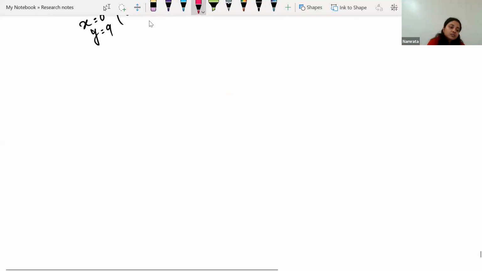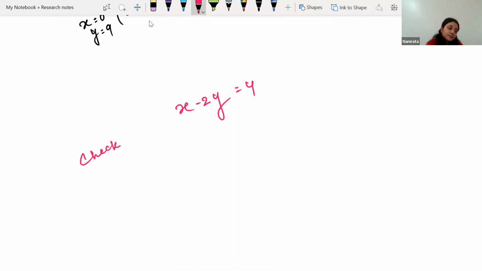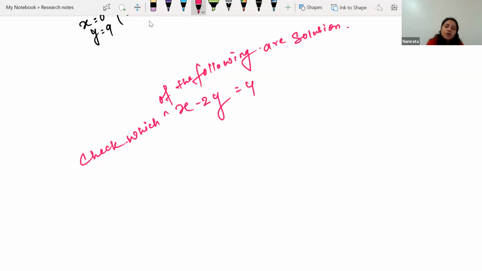Check, if we have the equation x minus 2y is equal to 4, which of the following points are solutions of the equation you can see on the screen. I'm talking about this equation.